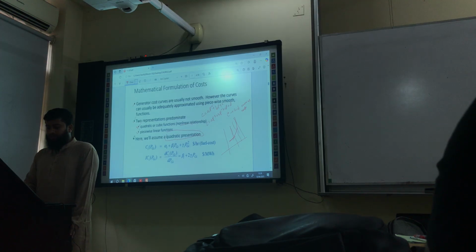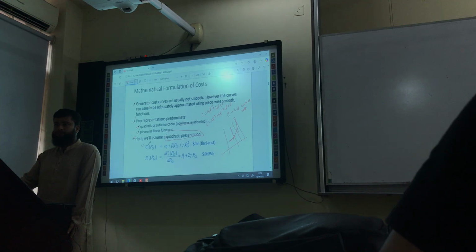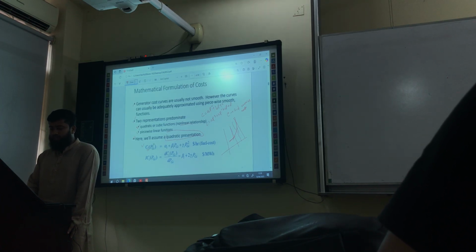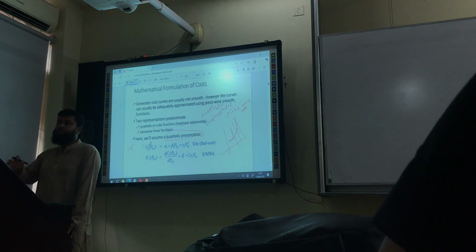For this discussion, we will assume that our cost function is a quadratic representation. This is Ci, the cost function. Obviously, it is a function of PGi. If you increase PG, the cost will obviously increase. Why is there the index i? Because let's say we have 10 generators, so i will go from 1 up to 10, and there will be 10 different cost functions for 10 different generators.